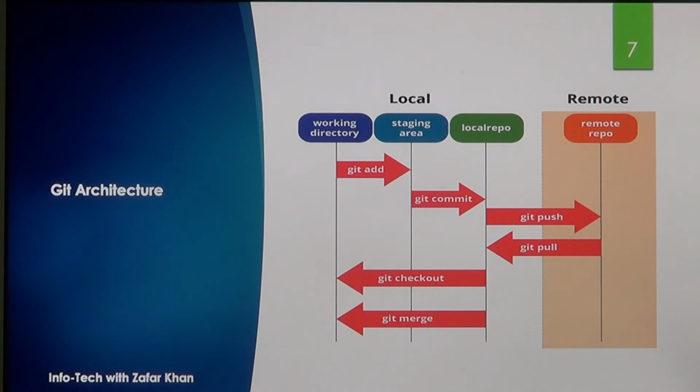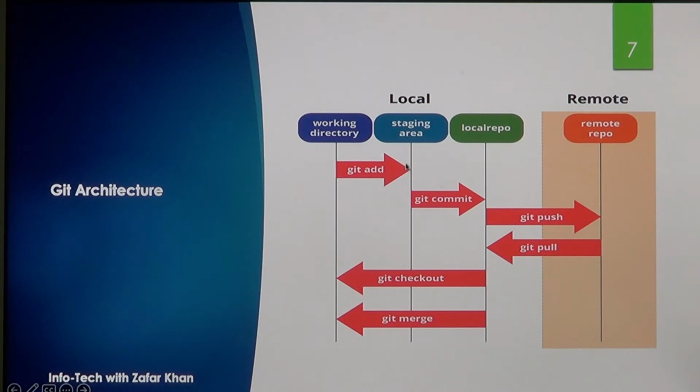If you have modified any files and you want to add them to the staging area, then simply execute the command called git add space dot. Okay, I will show you when we start the demo. So after working in the working directory on any file, you need to place it in the staging area by using this command, git add space dot.